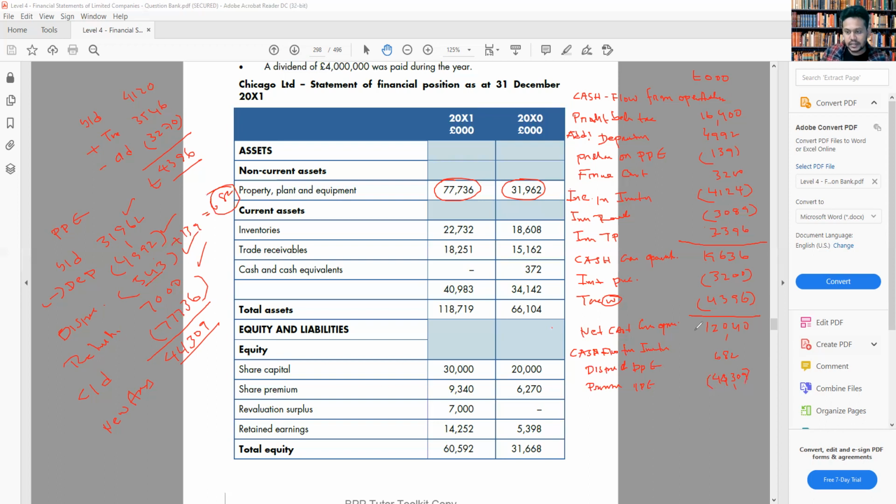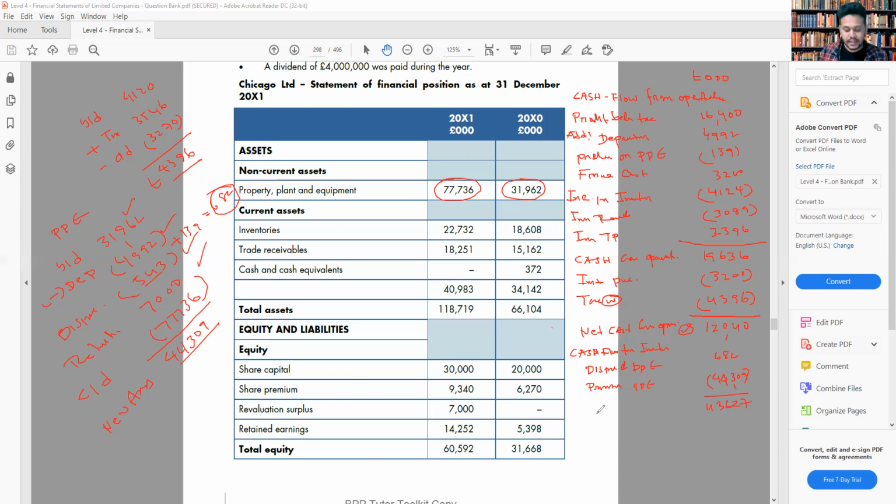So this one, we don't do anything. We'll leave this one as it is, or we can add, but for the time being, we'll leave as it is. So we have 682, and we have minus 44,309. So the difference gives me 43,627. Because we want to show how much is the money from the investing activities.